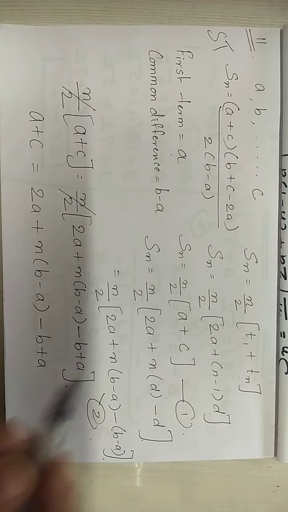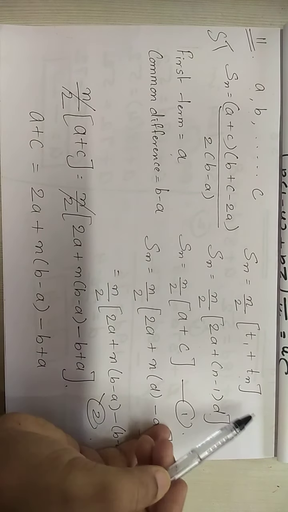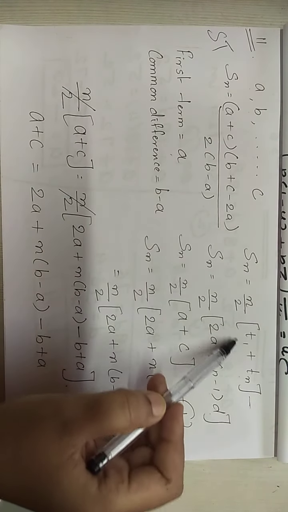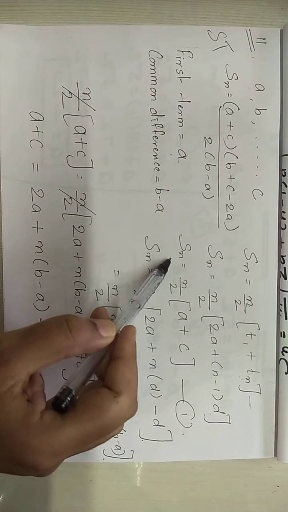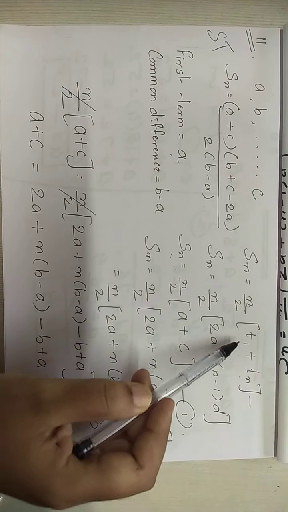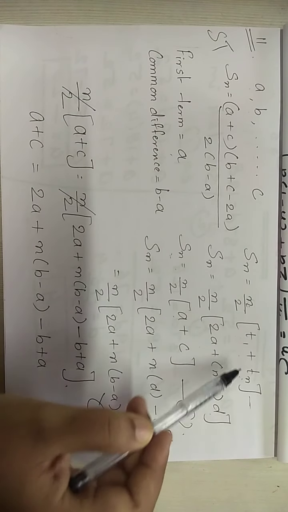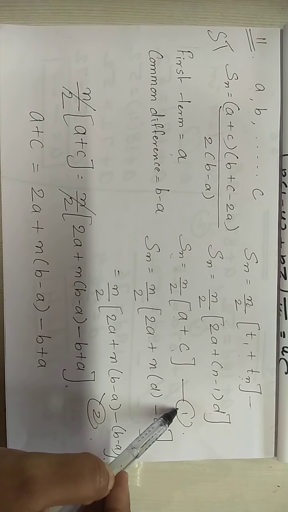So we need not handle n, we need to remove n from the expression. In the first equation, n upon 2 (T1 plus Tn), I don't want this n. So I will write Sn for now with n. Sn is equal to n upon 2 (T1, which is the first term A, plus Tn, which is the last term C). So this will be equation number 1.